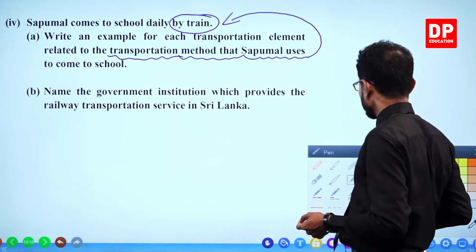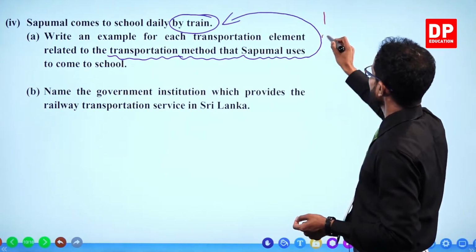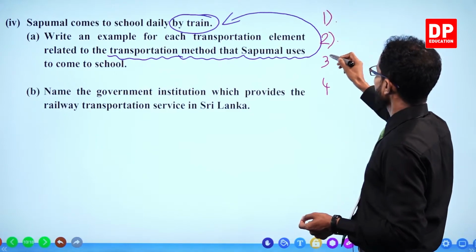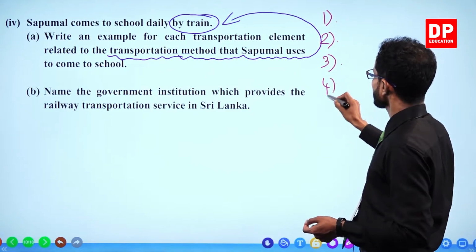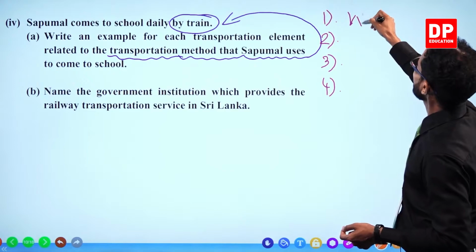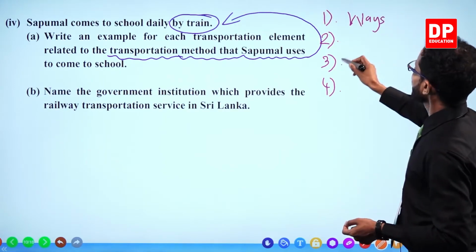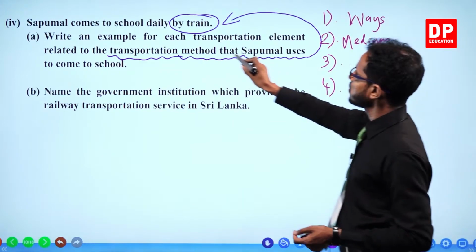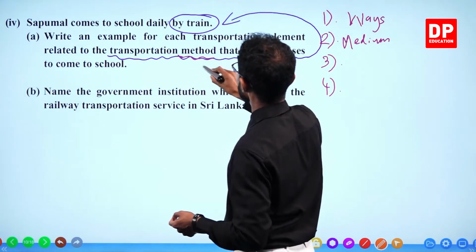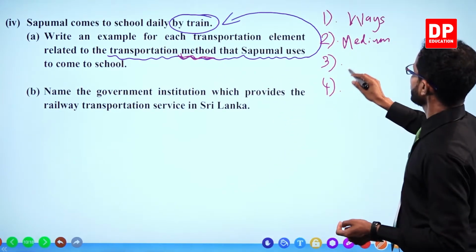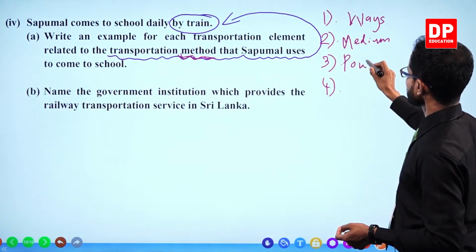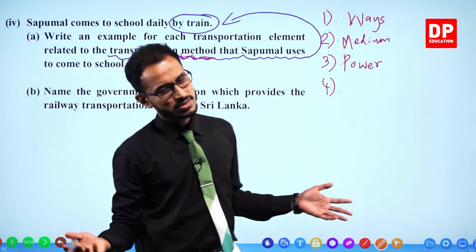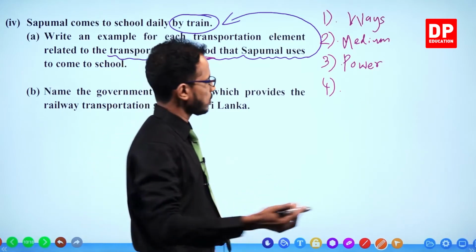Okay. First, let me remind you the main elements of transportation. Tell me the main elements of transportation, children. Ways, medium or method, power. Come on, tell me at least the last one. Right.